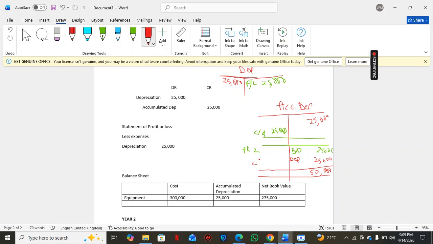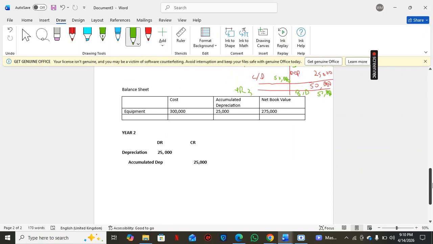So the balance carried down for year 2 will be 50,000, and we transfer this 50,000 into year 3. When we say balance brought down, year 3, 50,000. So when we reach year 3, that will be the opening balance.